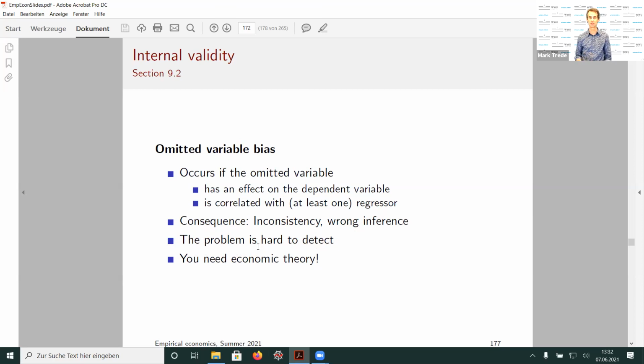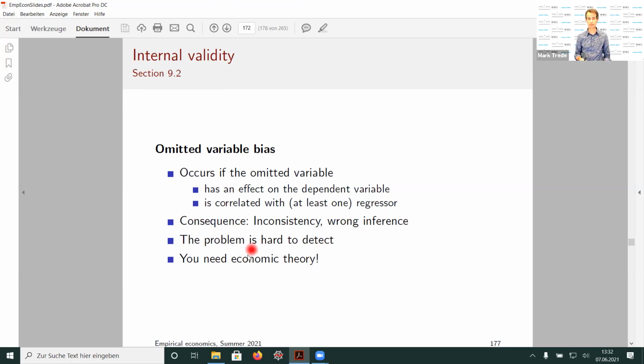There's hardly a statistical way to tell whether omitted variable bias might be a problem or not. Okay, so if I give you the result of a regression estimation, and if you do not know anything about the whereabouts, then it's really hard for you to say whether omitted variable bias might be a problem or not. Because just looking at the statistical outcome, the computer outcome, you won't see the problem.